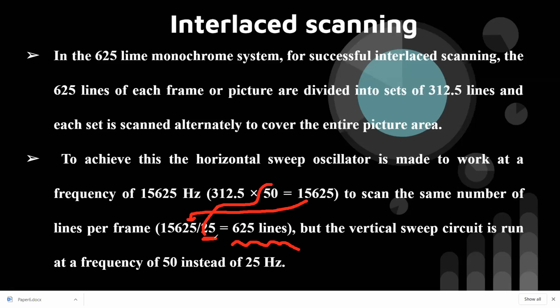Clear? So instead of 25, our vertical frequency is calculated such that the information is scanned with this 25. Good. Shall we move to the next slide?